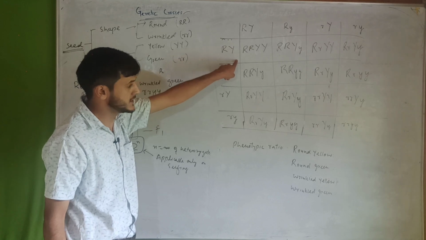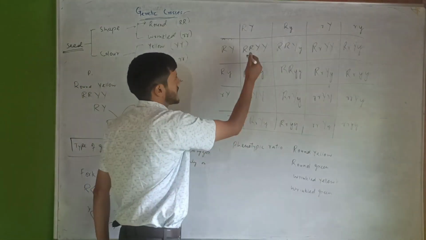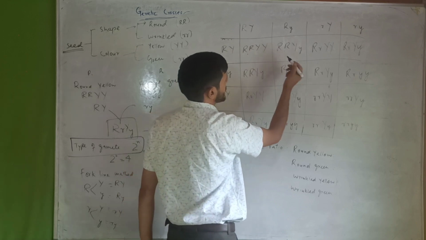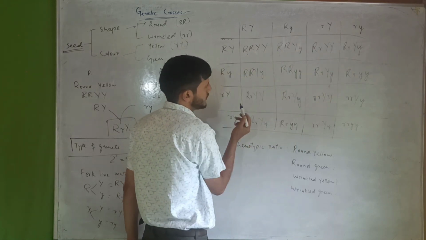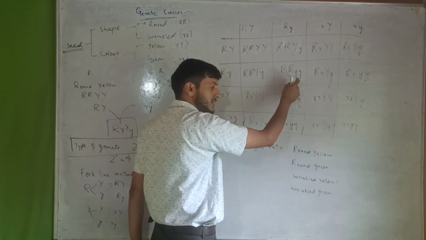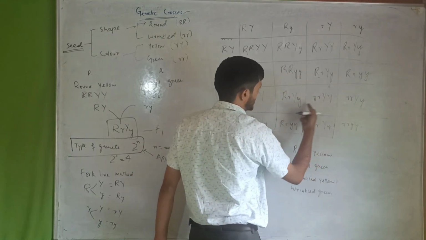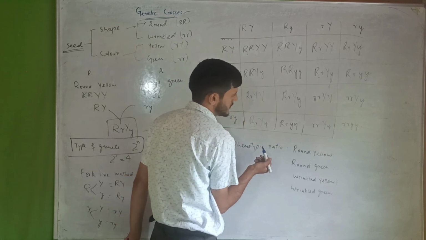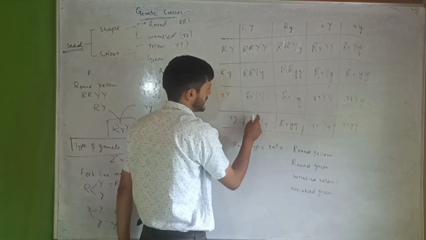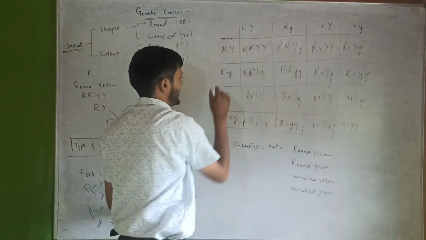How many individuals are round yellow? Round yellow, round yellow, round yellow, round yellow, round yellow. This is round green. Round yellow, round green. Round yellow, round yellow, round yellow. 1, 2, 3, 4, 5, 6, 7, 8, 9.